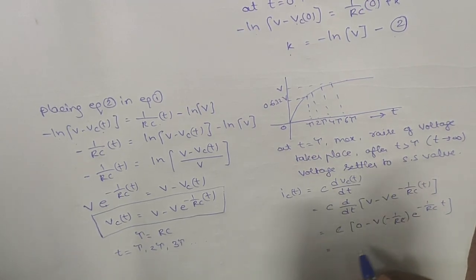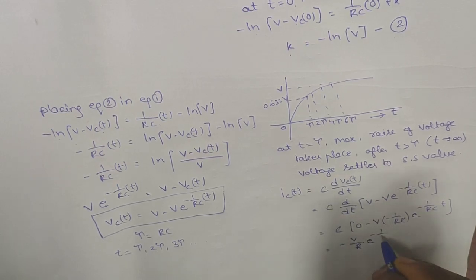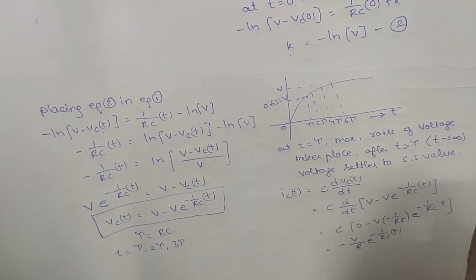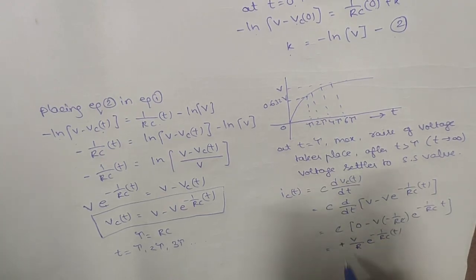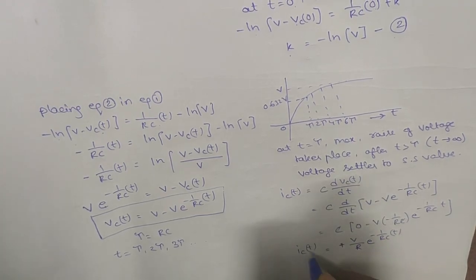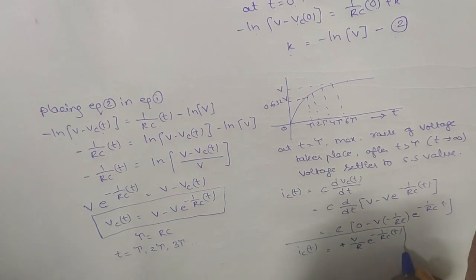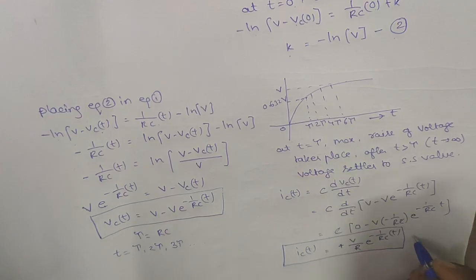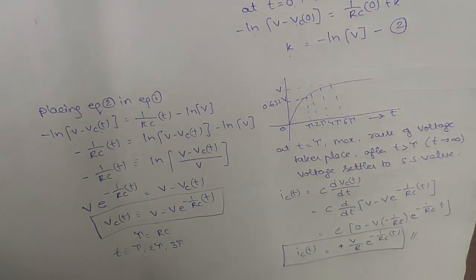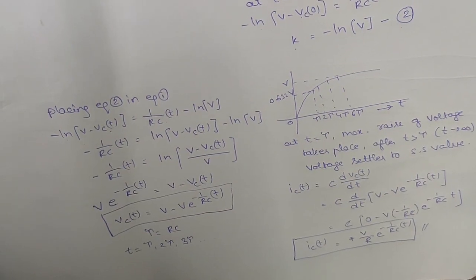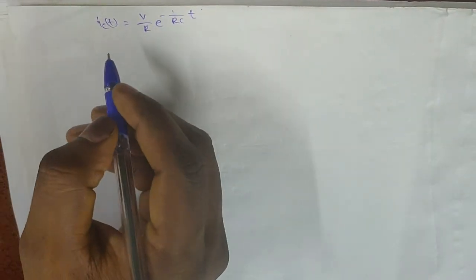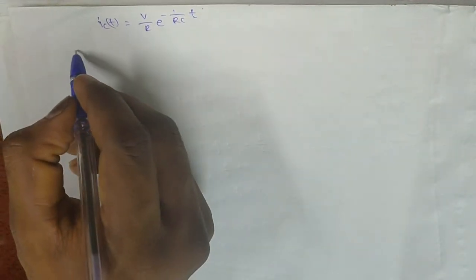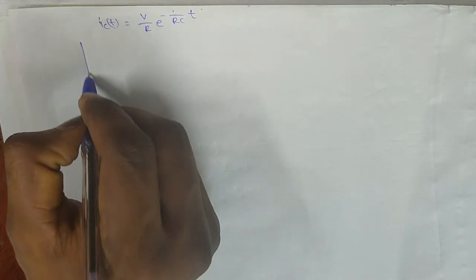C cancels out, and we get minus V by R e power minus 1 by RC into t. Minus minus becomes plus. So Ic of t, this is the current equation across the capacitor. Now we got the current equation. We will plot the graph based on this.